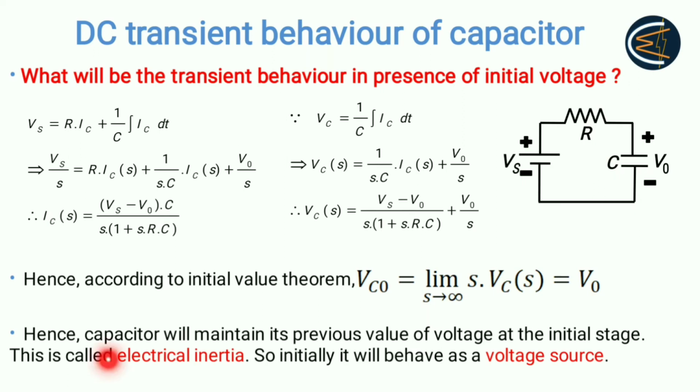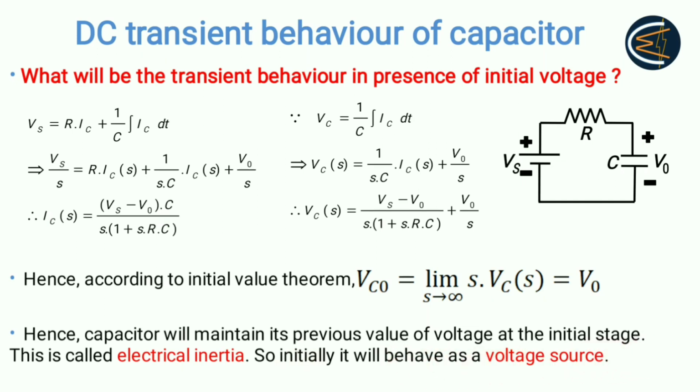So that is called electrical inertia. Okay, inertia means something which is retained. So here the capacitor is retaining that voltage even after the change in the circuit. That is why it is called electrical inertia, and because it is holding that previous value of voltage even after the change in the circuit, we can say initially it also behaves as a voltage source, right?